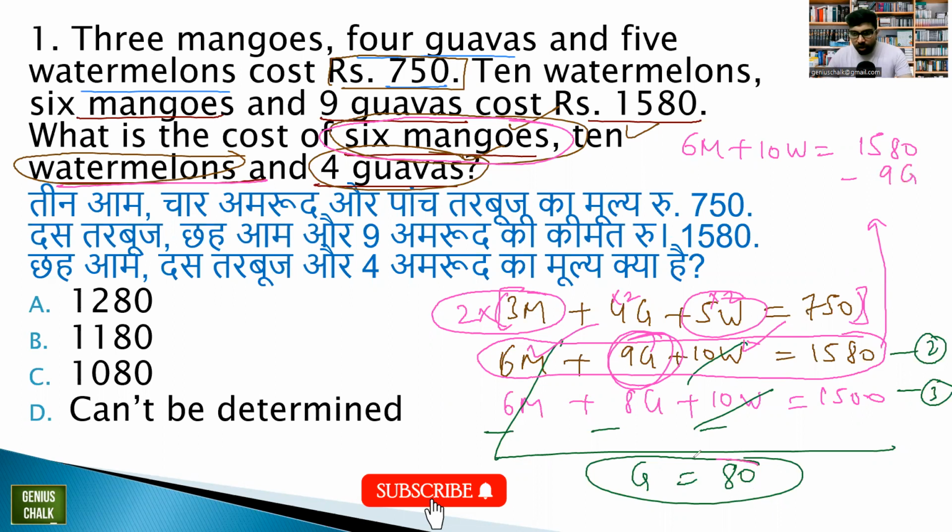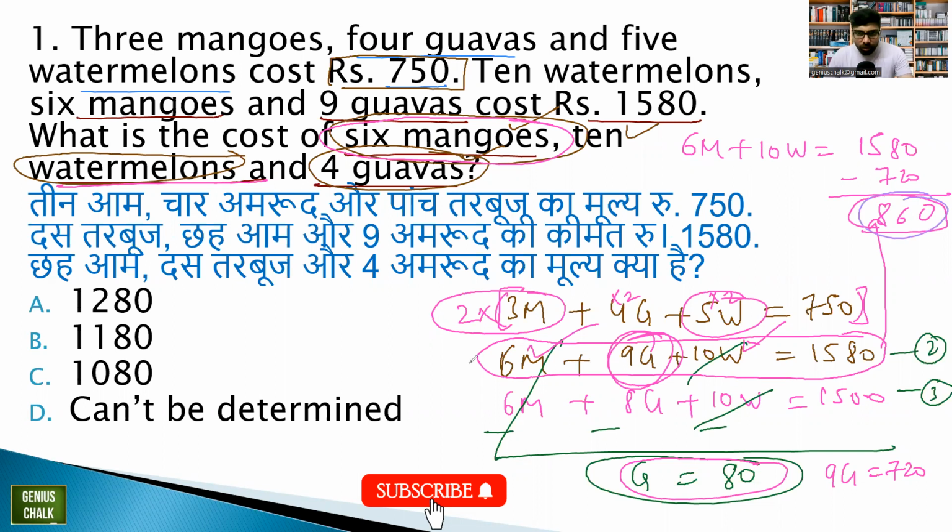And you already know the value of 1G. So what is the cost of 9G? 9 eights are 720. That means I can keep it here 720. 15 minus 7 is 8, and this becomes 860. I hope this is clear. So I will get the value of 6 mangoes plus 10 watermelons is 860.